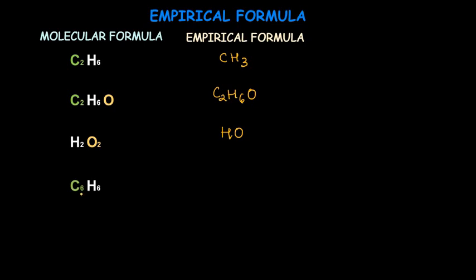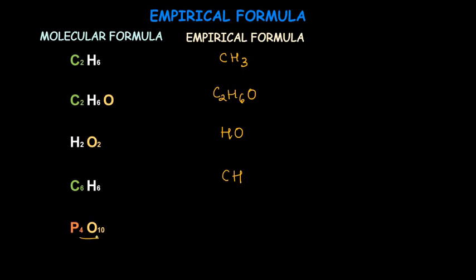Say another example, C6H6, which is benzene. So here the highest common factor is 6. So the empirical formula should be CH because it is in the ratio of 1:1. So dividing both by the highest common factor 6, we get the empirical formula CH. Next, P4O10, that is phosphorus oxide.